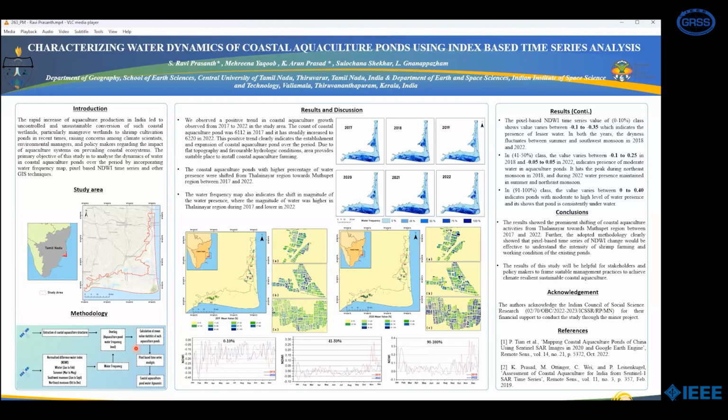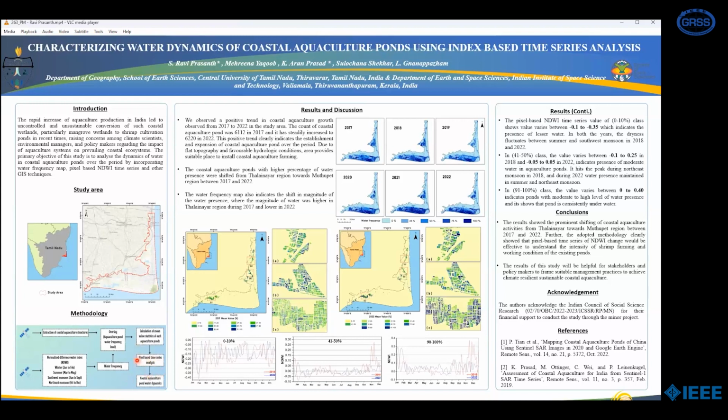Using the mean values, the coastal aquaculture ponds were classified into 10 classes: 0 to 10%, 11 to 20%, 21 to 30%, and so on till 90 to 100%, based on the presence of water in it.